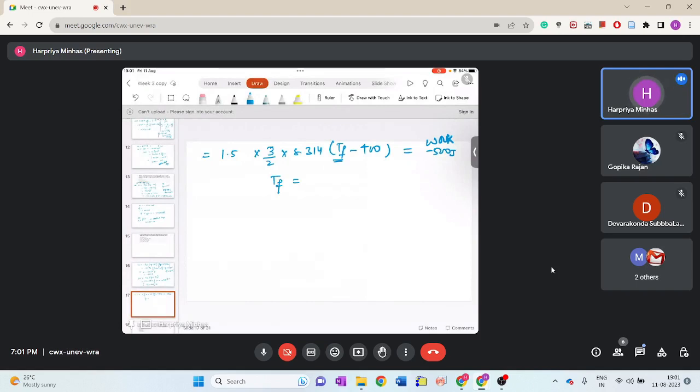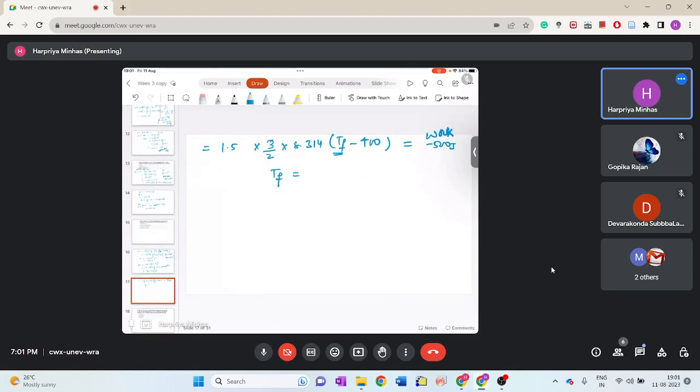So what is the value of TF from here? So this is going to be 26.67 Kelvin.